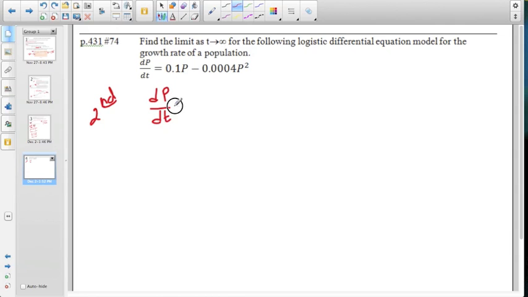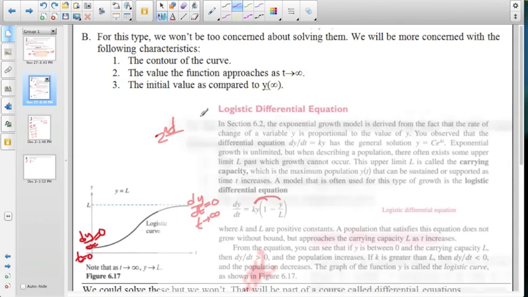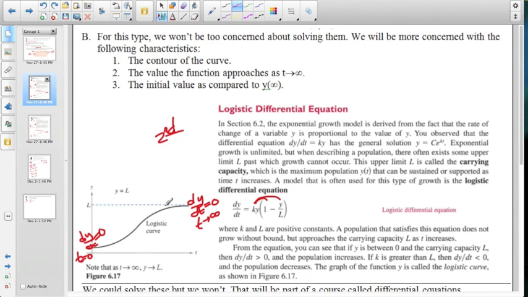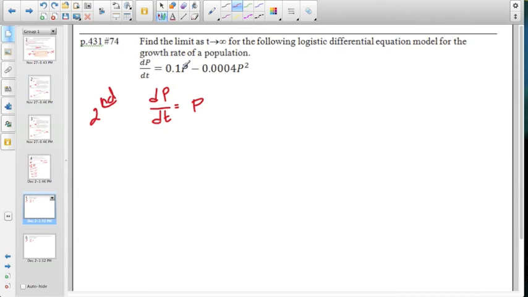And so if we rewrite this in a form that might be a little more familiar, look a little more like the form that we had back here a few pages ago, we can factor out a constant, we can factor out one of the variables. So it looks like we can factor out 0.1p, and then we have a 1 minus something p, right? So if we factor out a 0.1 from here, that's like dividing by a 0.1.